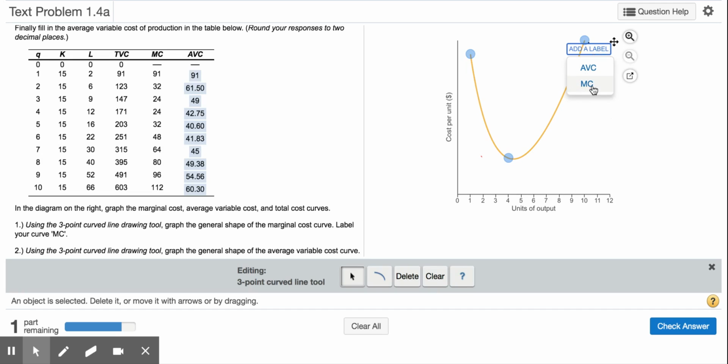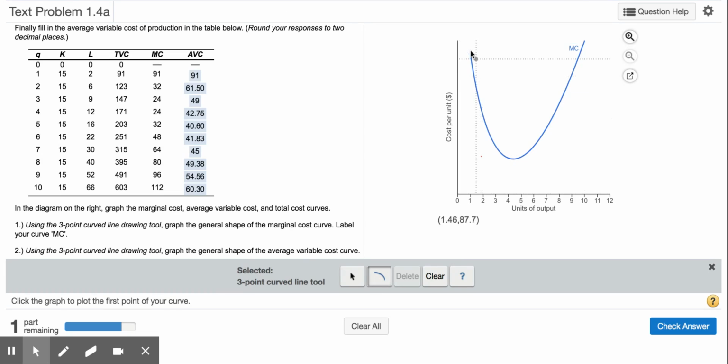Let's label it. We do the same thing for the average cost. We need two points. So 1 and 91, they start at the same point. The minimum average variable cost is 40.60, and that's achieved when the level of output is 5.